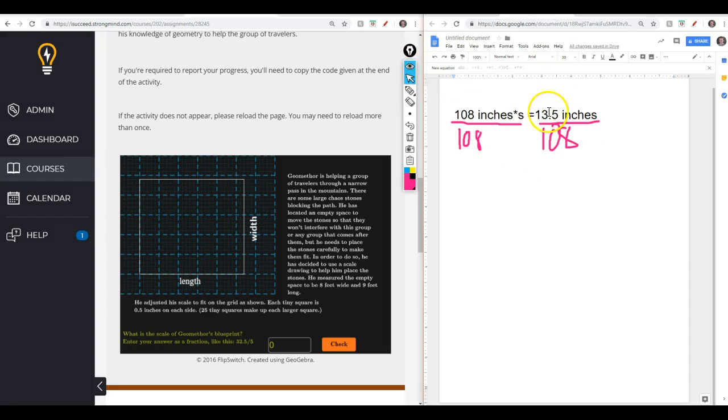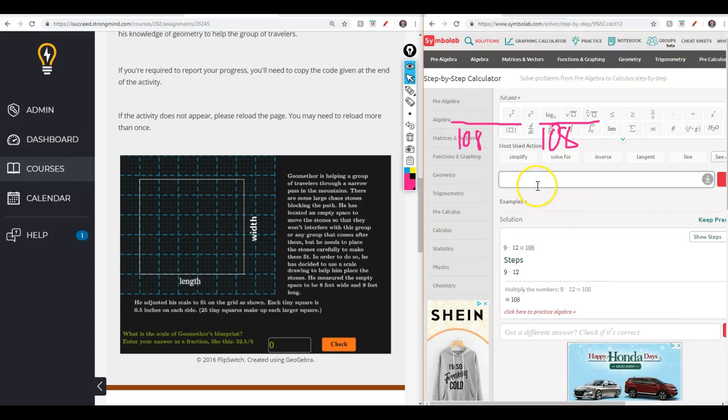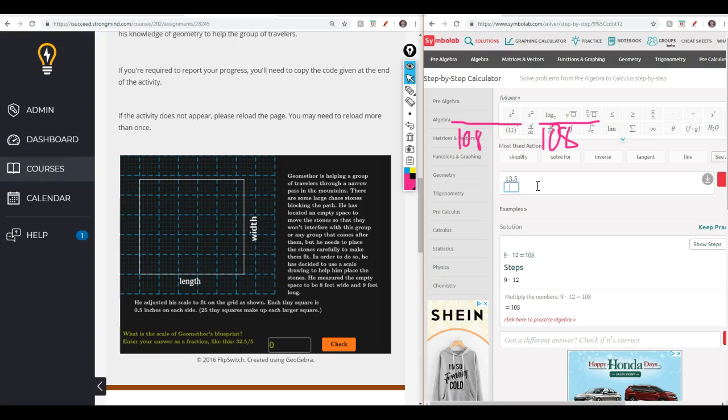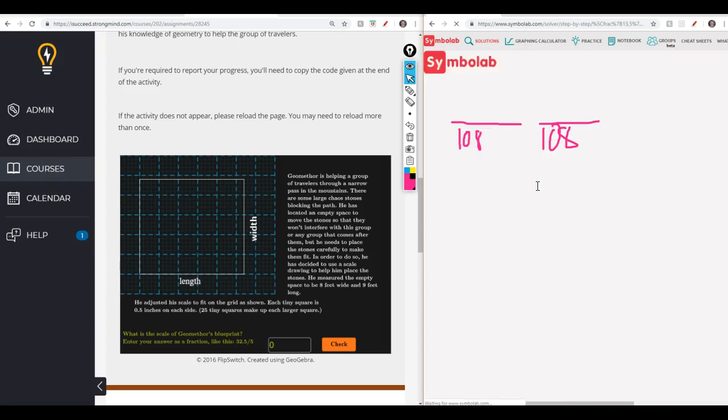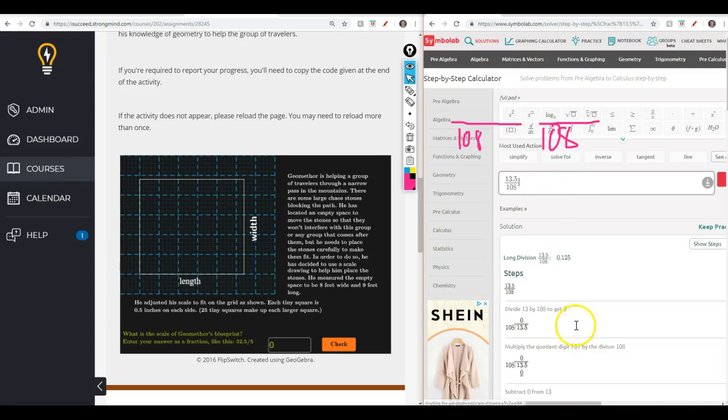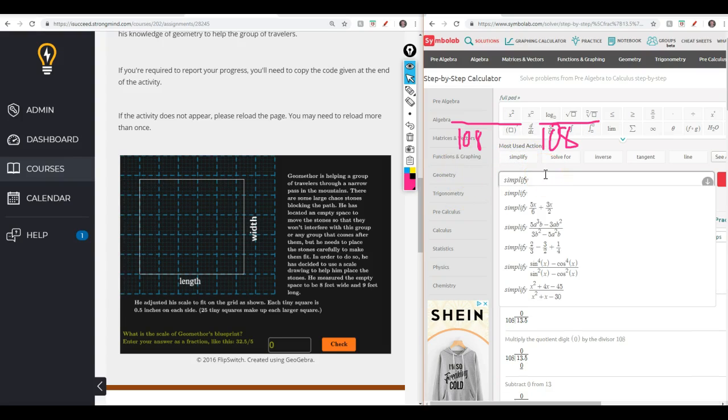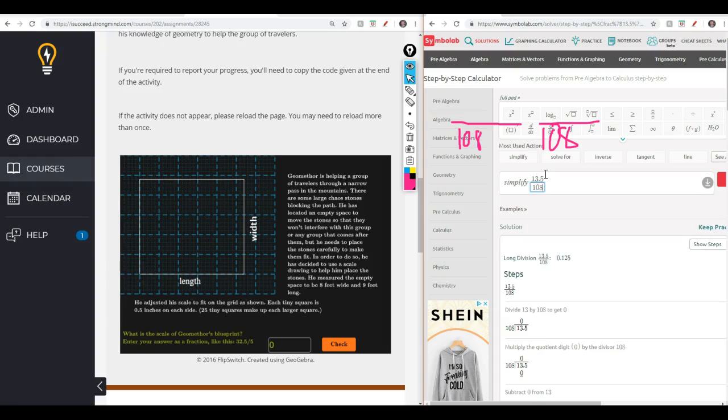So I'm going to take 13.5 inches and divide it by 108. So 13.5 divided by 108, and that gives us 0.125. Now it wants it like a fraction, so this is what I can do. I'm going to click simplify and 13.5 divided by 108.